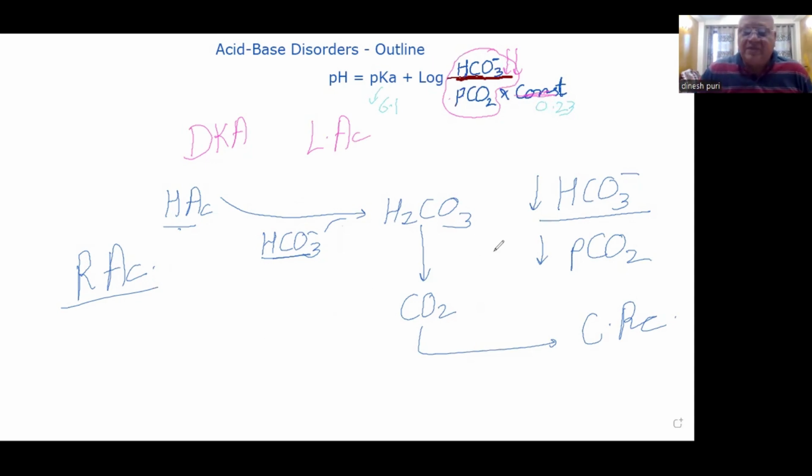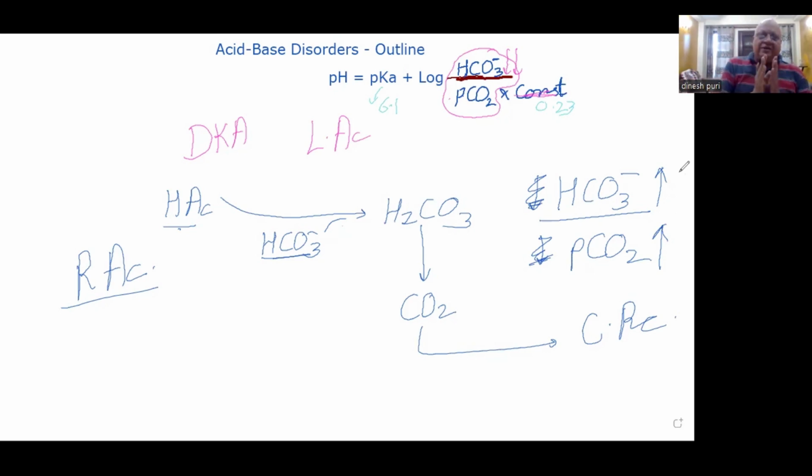So the primary defect is hypoventilation, PCO2 has risen. The compensation will be by increasing the HCO3, bicarbonate concentration. And here kidneys play an important role by increasing bicarbonate reabsorption from the tubular lumen or by increasing the bicarbonate generation. So that is just outlining.